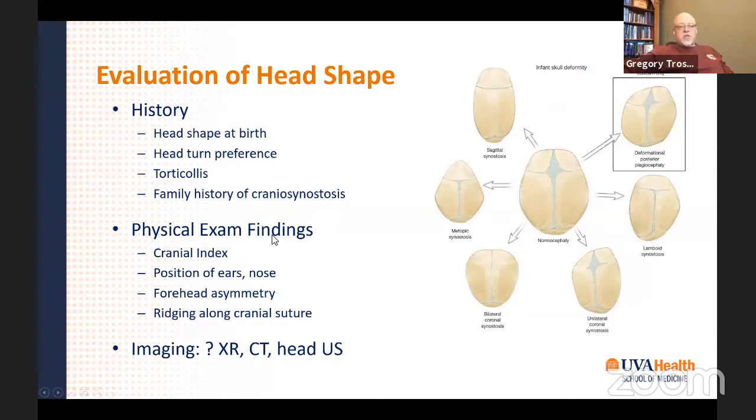Hasan, can I have you just repeat which direction the skull grows and why the head becomes shaped as it does? Yeah. So with synostosis, if you look at this diagram here, this is a sagittal suture. Typically when the fusion of the suture occurs, it does not allow the bones to grow perpendicular to the suture.